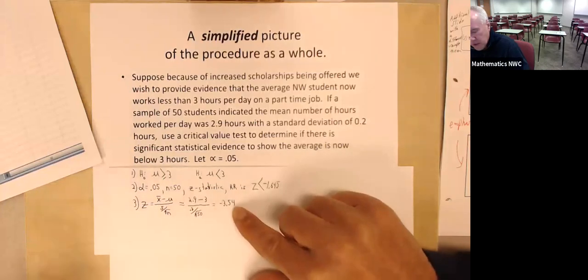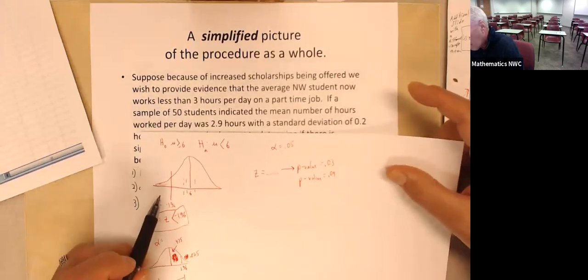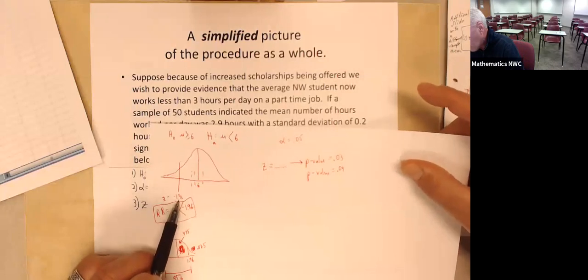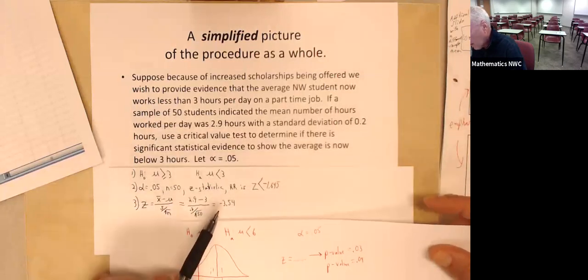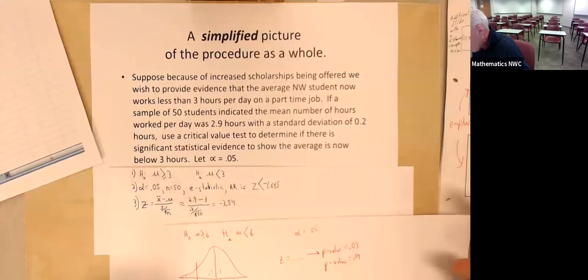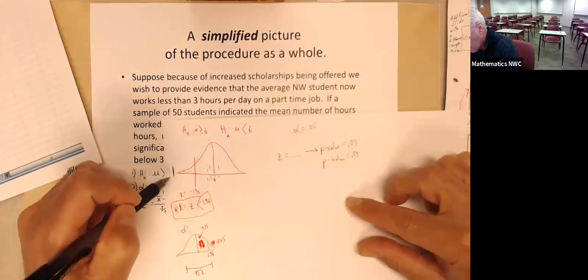That's a fairly extreme z-score. Let's just check it out again on this picture. Remember we said this was our line in the sand if it went over a negative 1.96? Well, notice we went all the way down to a negative 3.5. We actually went all the way over the line and almost way over to here.